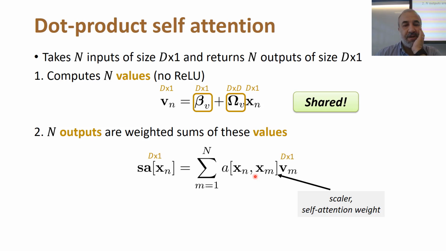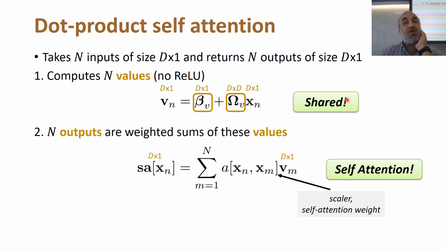But these are the two steps: the first one is about sharing, and the second one is the actual self-attention, because now word number n is attending to every other word, but with different weights. And these weights can be 0, by the way, which means that it doesn't actually attend to those words, but for some others the weight will be higher than 0.